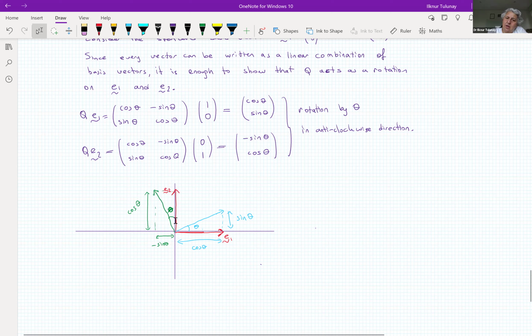Basically, E2 has an anticlockwise rotation to this vector. As you see, this one is E1, this is E2, and this one is the new one. This is E2, and this is where it moved.